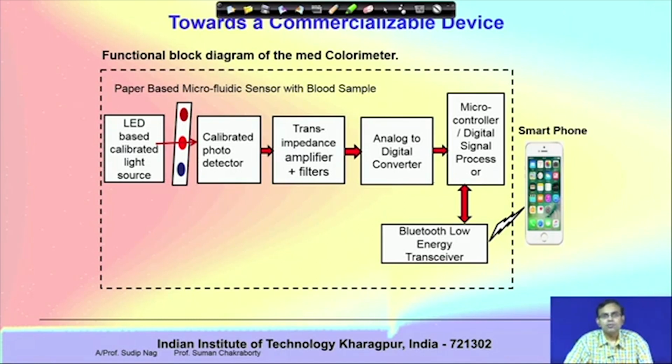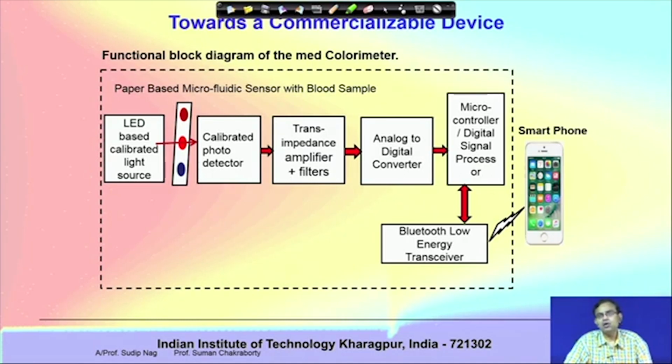So, our research collaborator Professor Sudeep Nag has developed a device where you have a LED based calibrated light source, there is a calibrated photo detector and there is a trans impedance amplifier and filter and there is analog to digital converter and microcontroller or digital signal processor.